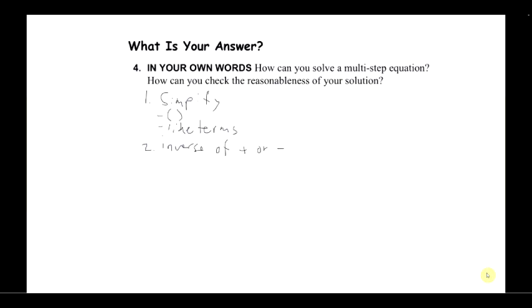And lastly, what we need to do is, you guessed it, the inverse of multiplying or dividing. How can we check the reasonableness of a solution? You can plug the variable in the original equation.